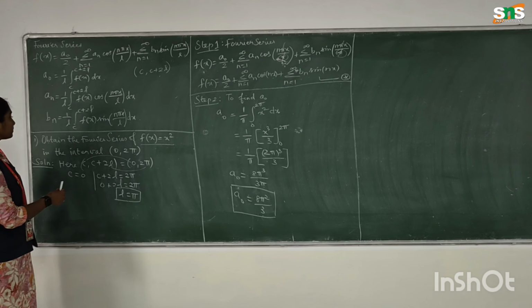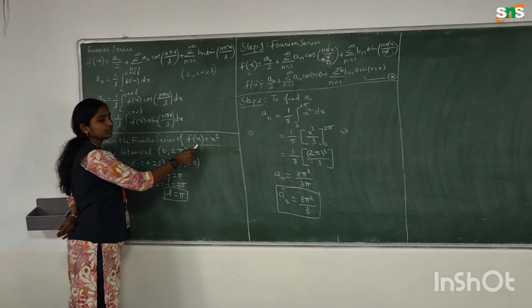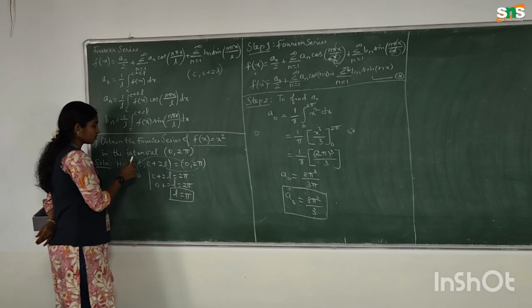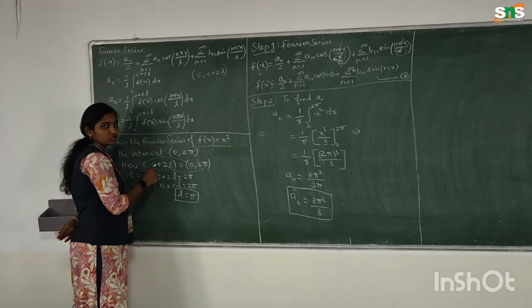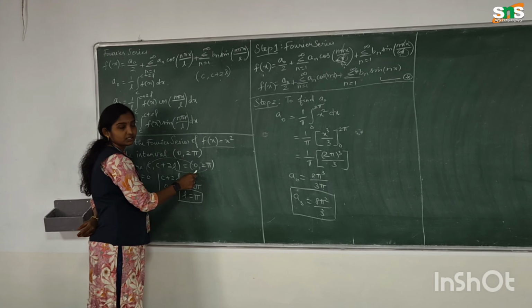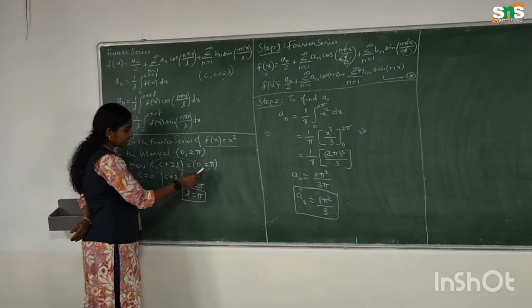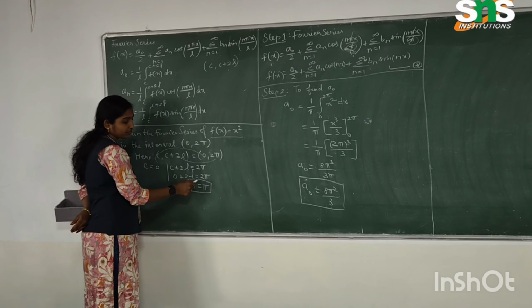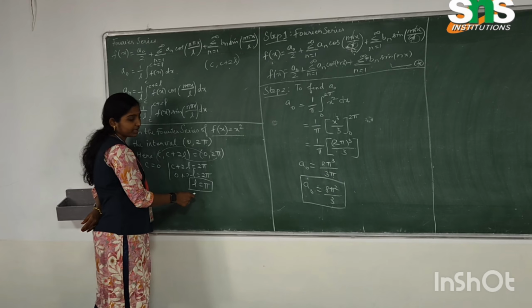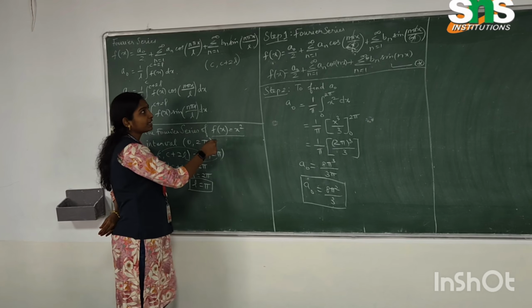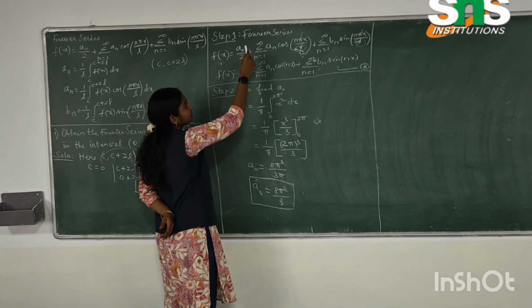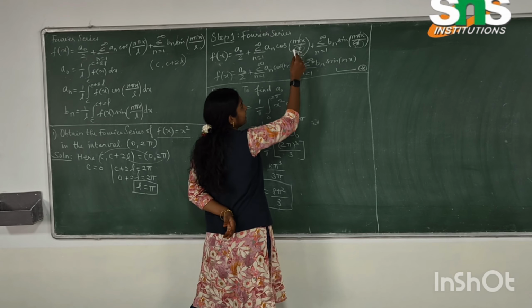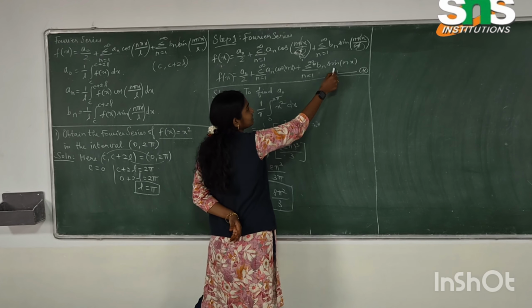Now down here, we have taken the given problem as f of x is equal to x square. We got the interval c to c plus 2l, which becomes 0 to 2 pi. And c is 0, c plus 2l is 2 pi, and we find that l is equal to pi. We are substituting all these values in the Fourier series in step 1. So the pi will get cancelled, and the remaining thing is cos nx and sin nx here.